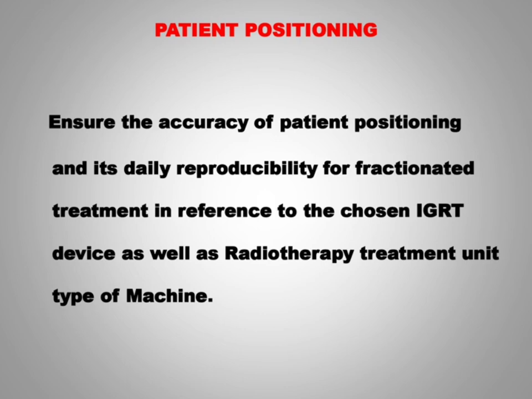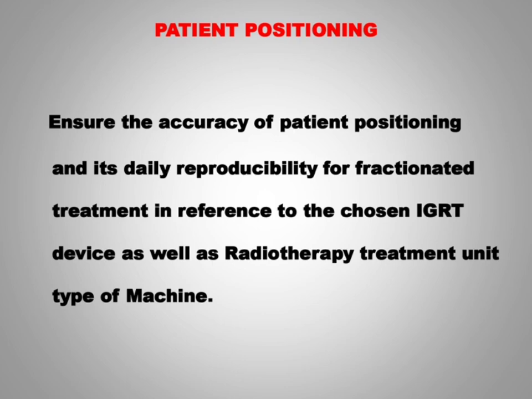Intrafractional target volume motion, displacement, deformation, change in the shape of a tumor, or alteration of a target should be accounted for during the determination of the PTV. This process starts from the beginning of the CT simulation for that particular tumor and goes up to the end of the radiotherapy treatment.